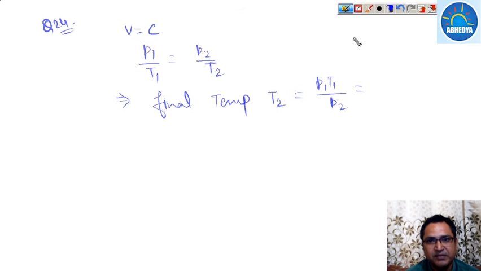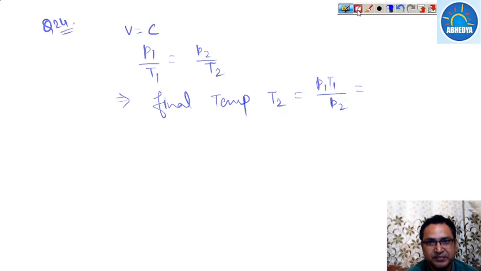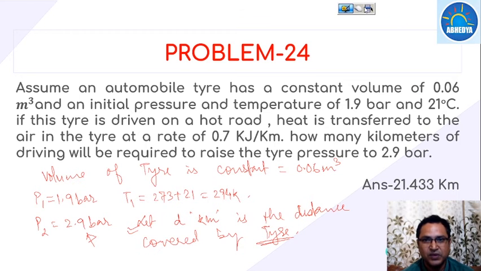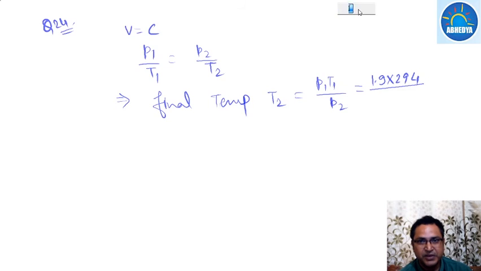What is P1? We have written 1.9 bar. What is T1? 21 degrees centigrade, that is 294 Kelvin. Just a minute.